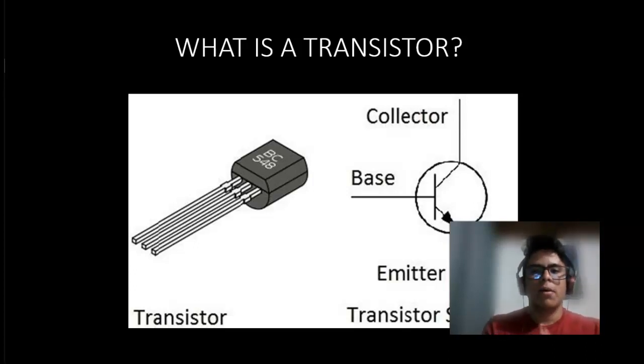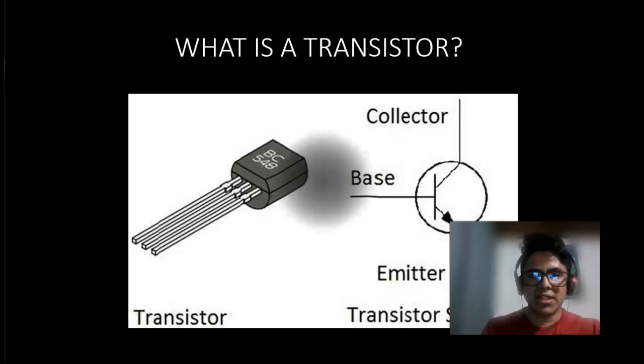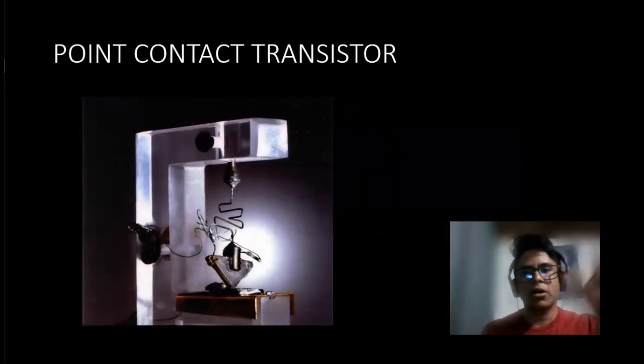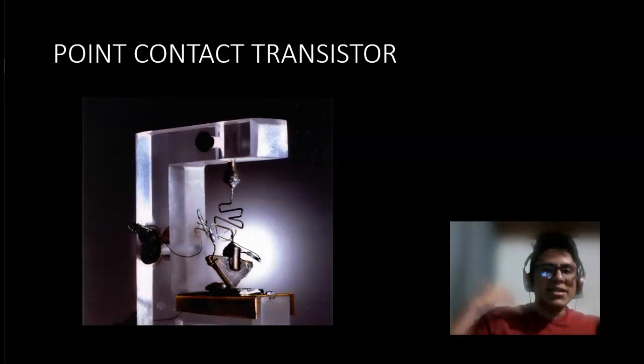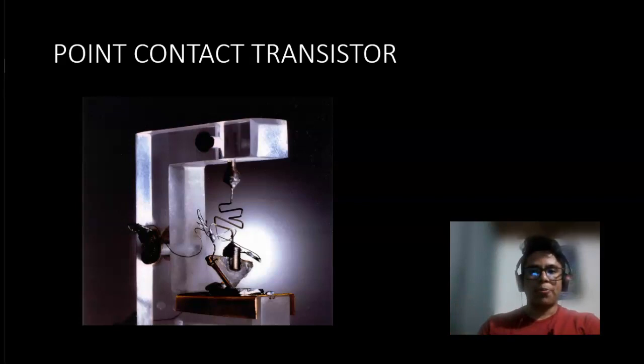Having explained what a transistor is, we'll talk about the types of transistor, the first of which is the point contact transistor. This transistor was the first transistor capable of obtaining gain, invented in 1947 by Bardeen and Brattain.